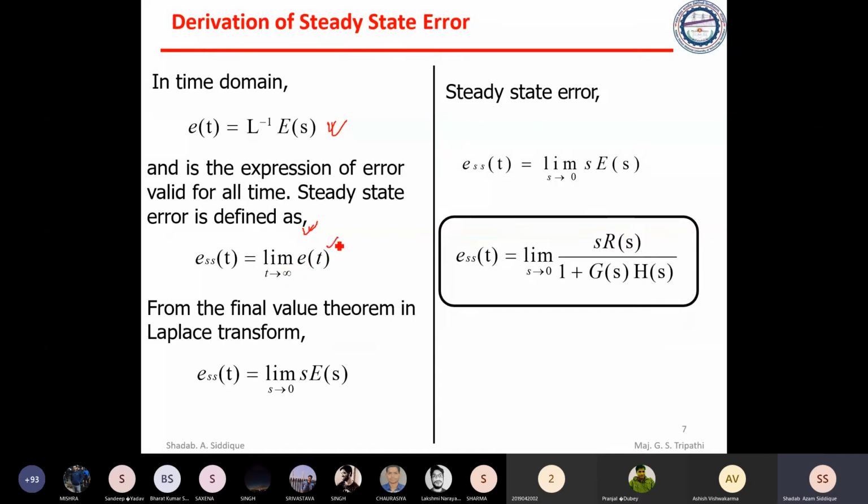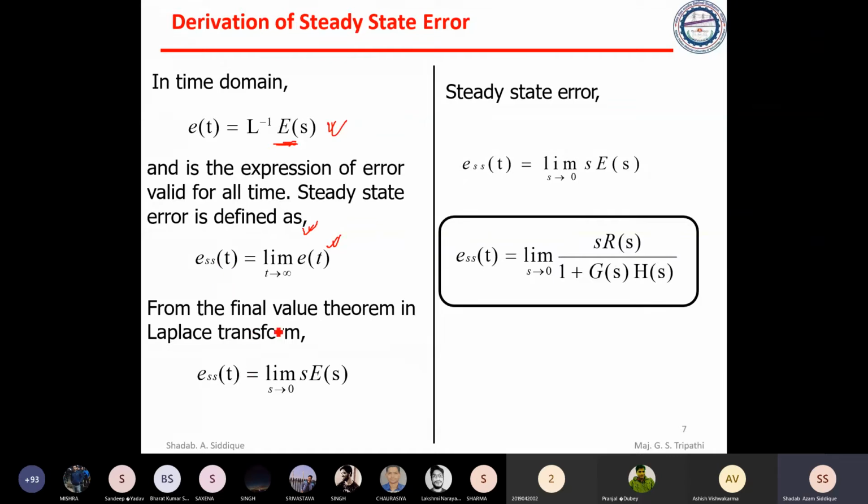Already we have seen this. So E(t) can be found by taking the Laplace inverse, and taking t tending to infinity of E(t), we can find E_ss.